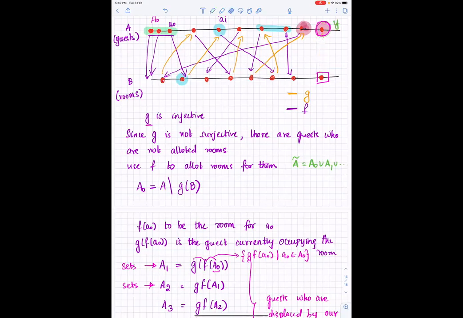Will he be in G of B? No. So he'll be in A0. So that is exactly what we mean by the set of displaced guests. If he was not in the set of displaced guests, initially itself he occupied the right room, so nobody will disturb him. Yeah, I got it. I forgot what A0 was. Thank you.